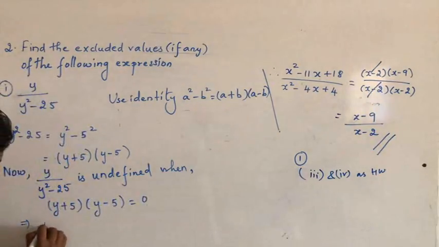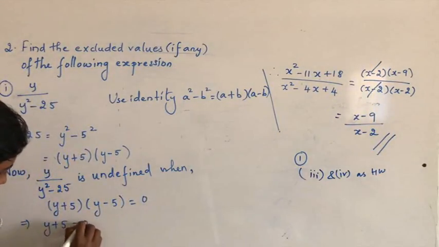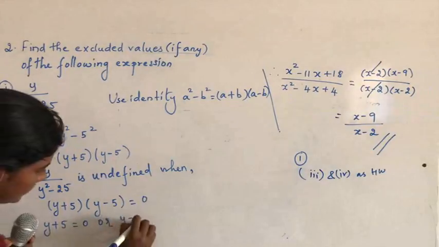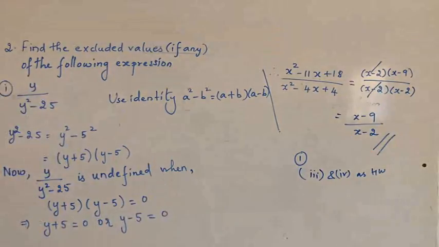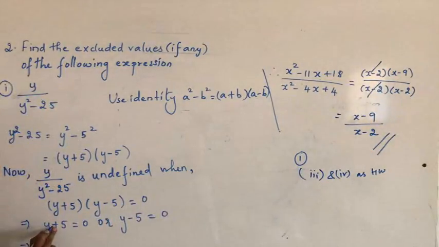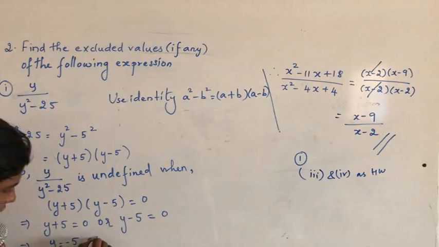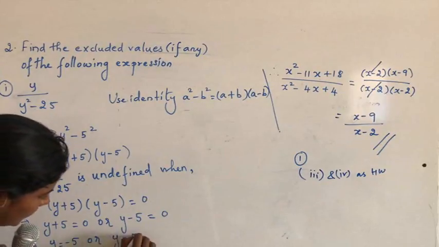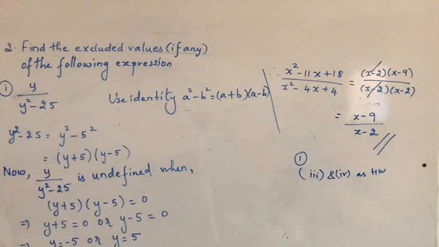That is, y plus 5 is equal to 0 or y minus 5 is equal to 0. Which implies, when plus 5 goes to the RHS, y is equal to minus 5, or y is equal to 5.